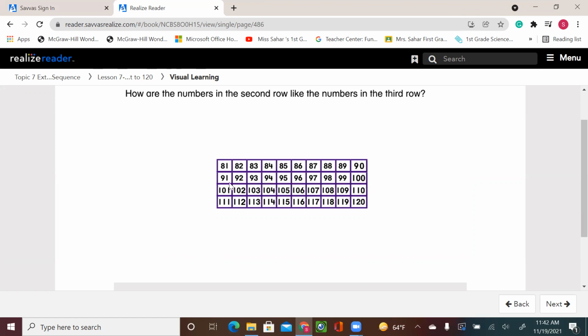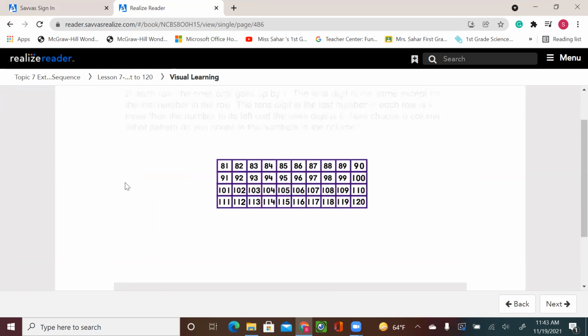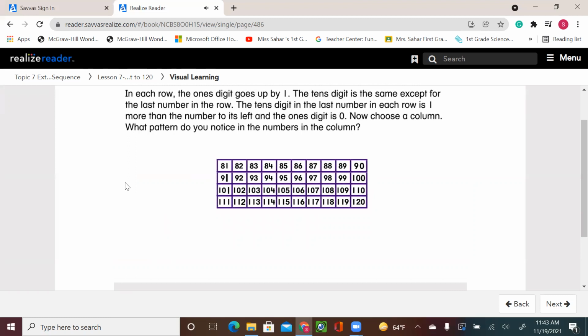And for the 3rd row, the ones are the same. 1, 2, 3, 4, 5, 6, 7, 8, 9, 10. In each row, the ones digit goes up by 1. The tens digit is the same, except for the last number in the row. The tens digit in the last number in each row is 1 more than the number to its left, and the ones digit is 0.